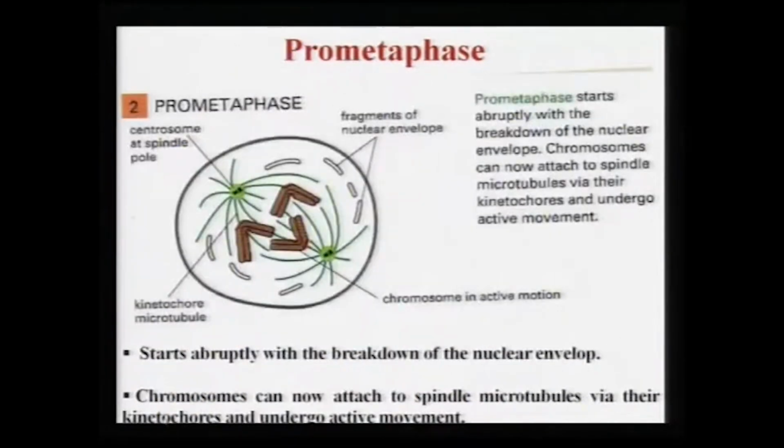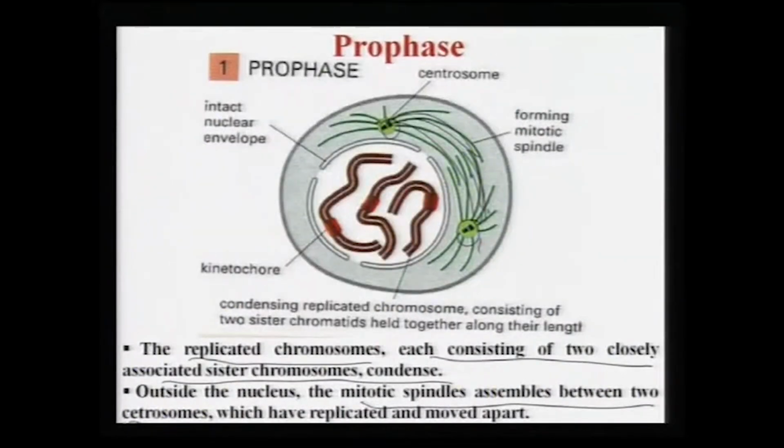Let us see what happens in pro-metaphase. It starts abruptly with the breakdown of the nuclear envelope. If you go back to prophase, the nuclear pore complexes are there, and the nuclear membrane is also intact.